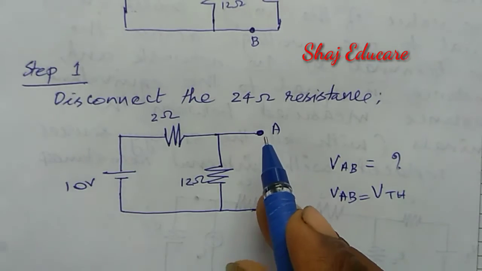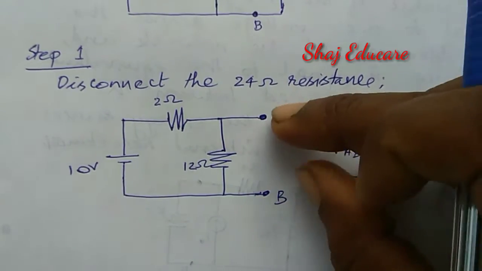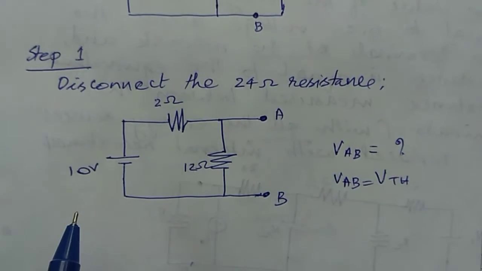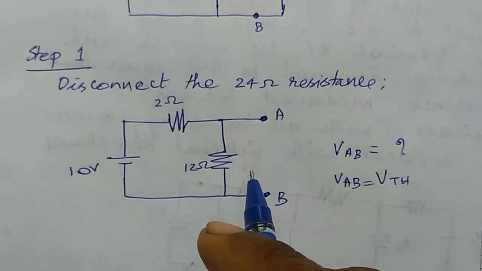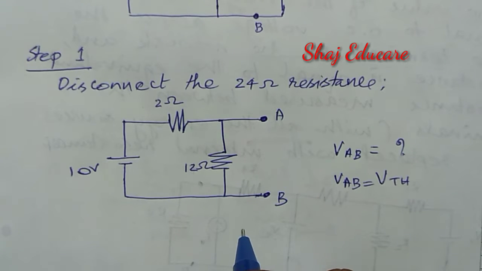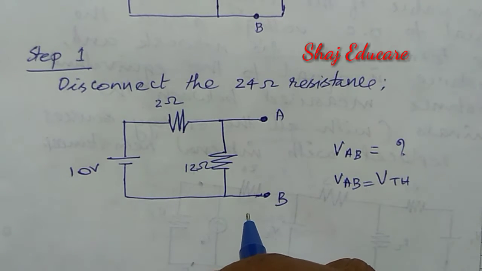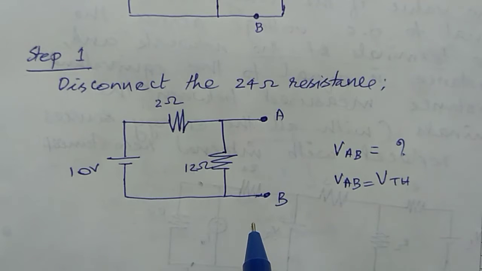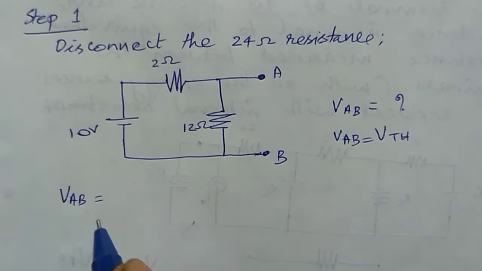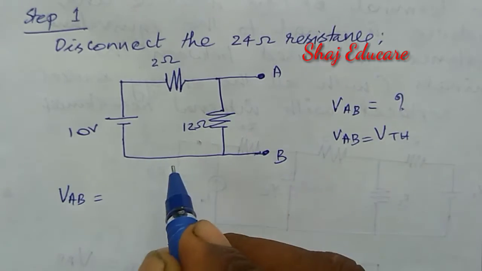By the voltage division rule we can simply evaluate the voltage across A and B. The concept of the voltage division rule is explained in my previous video, and the link will be available in the description box. Now let us find VAB using the voltage division rule.